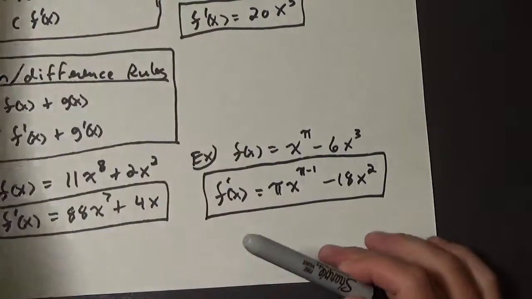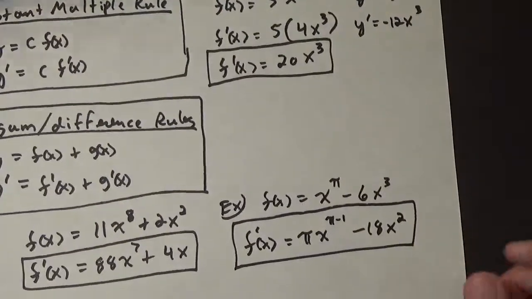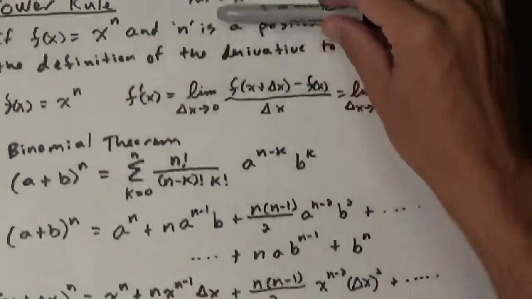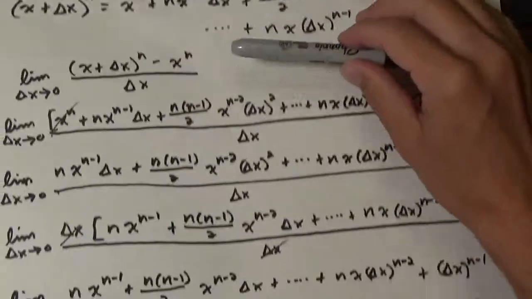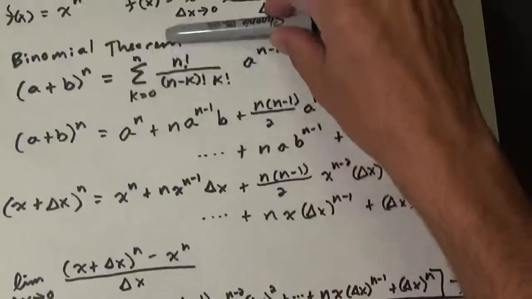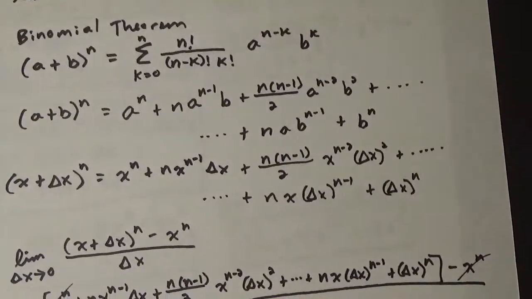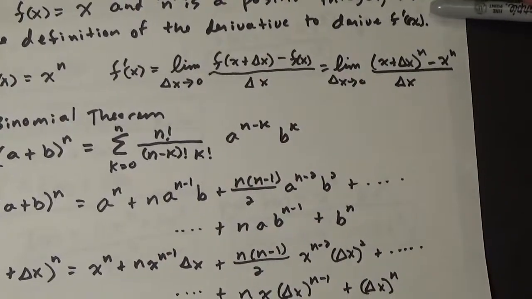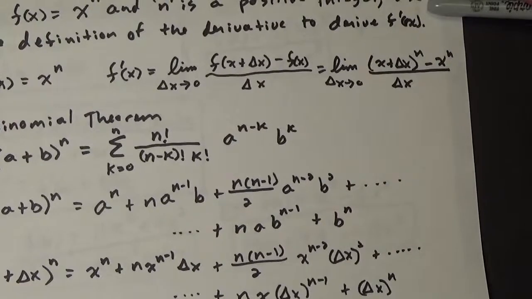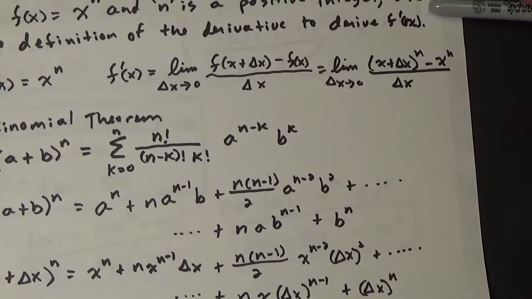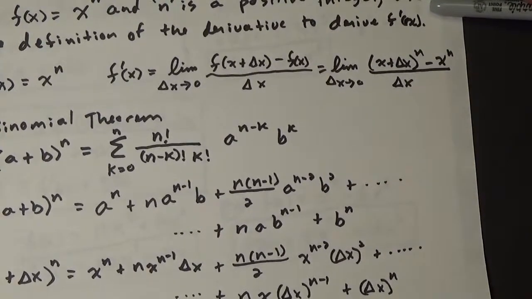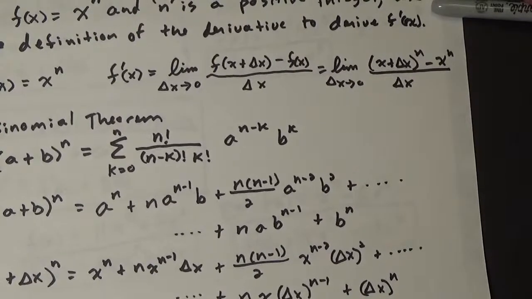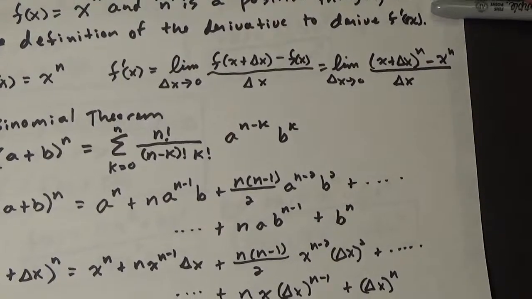Okay, so in this video, we went over the power rule, and we went over the derivation of the power rule using the binomial theorem. One thing to know, there are teachers out there that will actually put this on a test. So it might be something you want to know how to do for a test, but you never know.